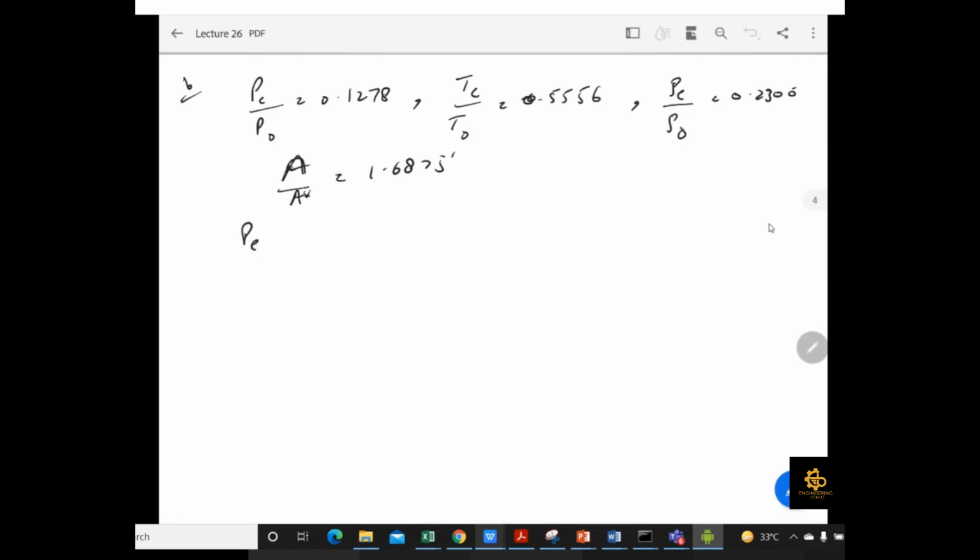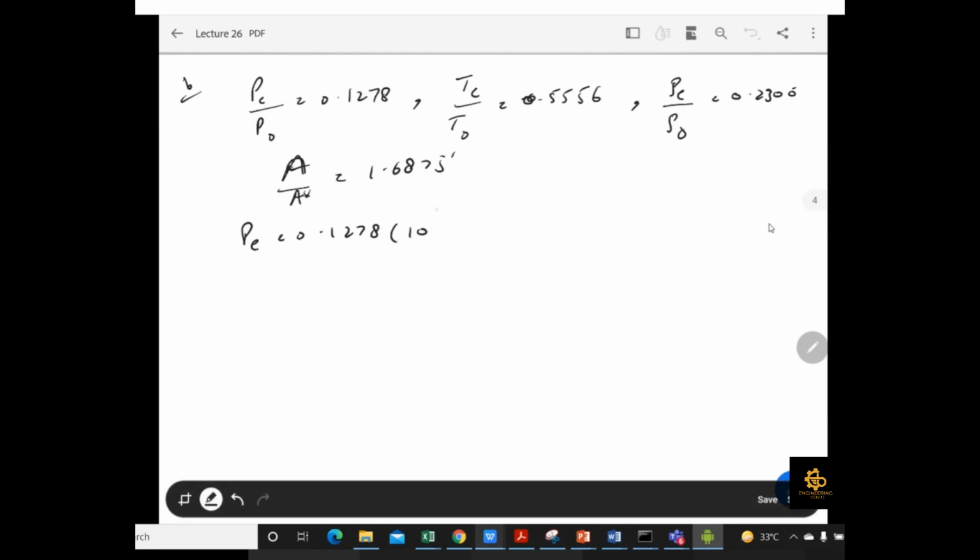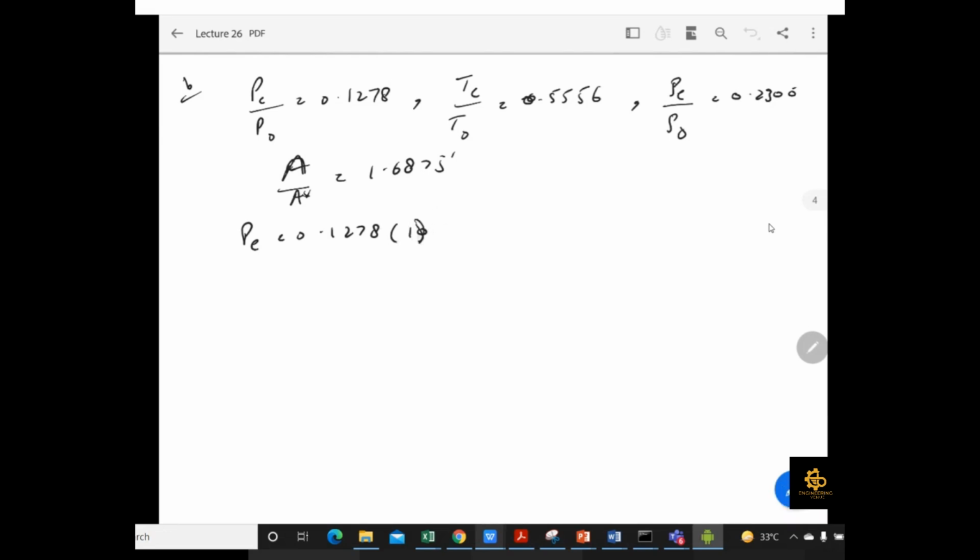So P exit becomes 0.1278 into 1, so it's equal to 0.1278 megapascal. Then temperature exit is equal to 0.56 multiplied by 800, and it will be equal to 444.5 Kelvin.